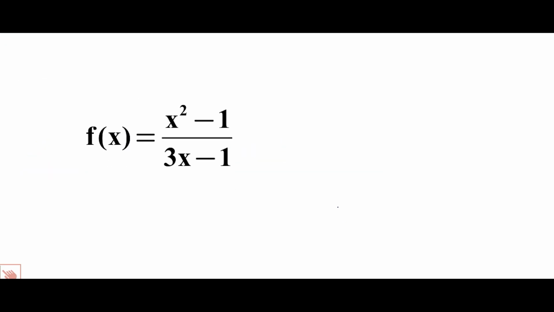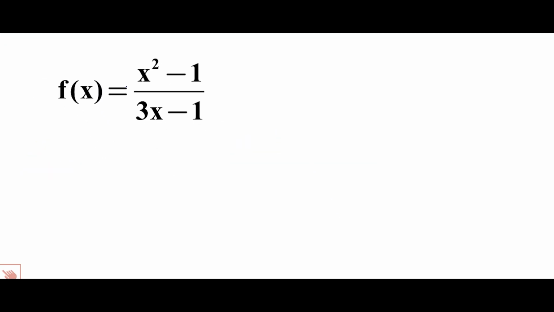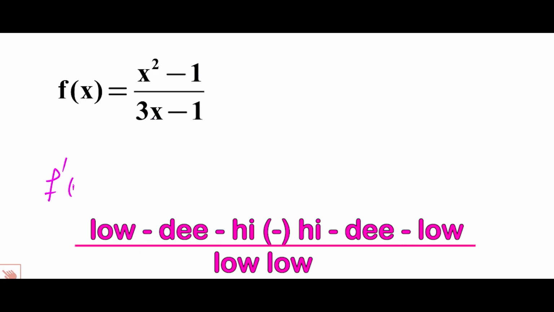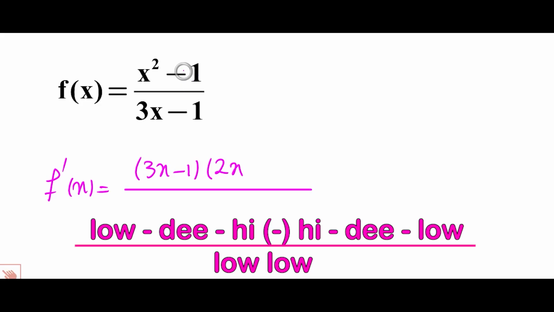Number 2, if f of x is equal to x squared minus 1 over 3x minus 1, f prime of x is equal to low d high. Low means 3x minus 1. D high means the derivative of the top. The derivative of x squared is 2x, and the derivative of minus 1 is nothing, minus high d low.